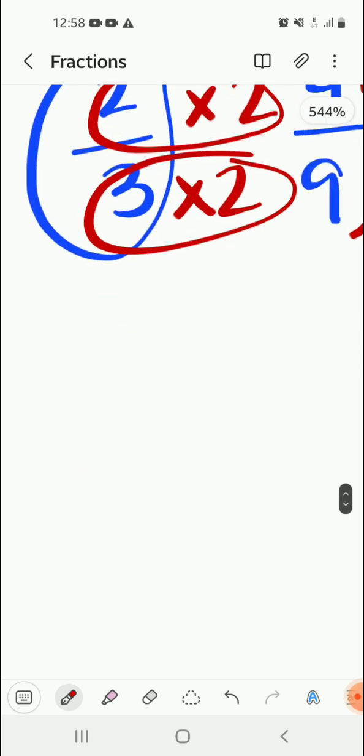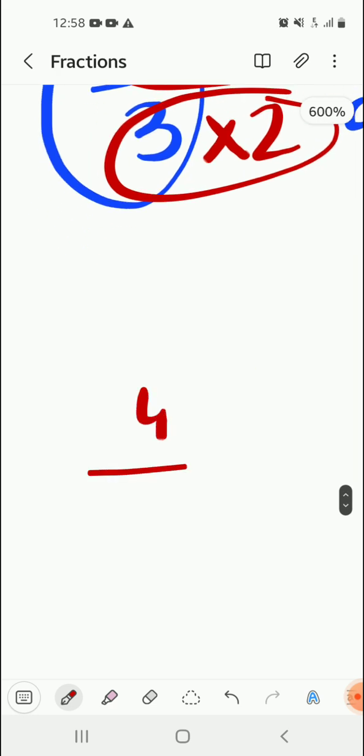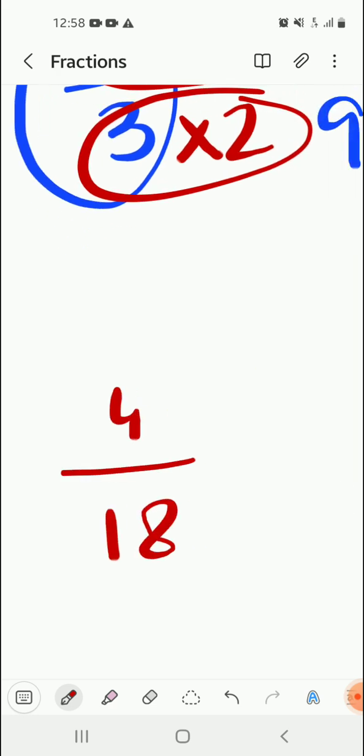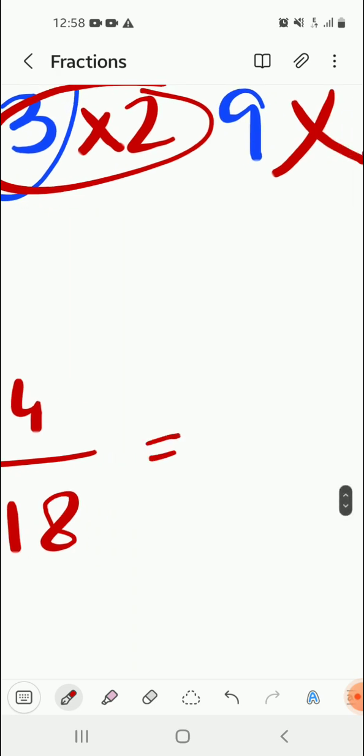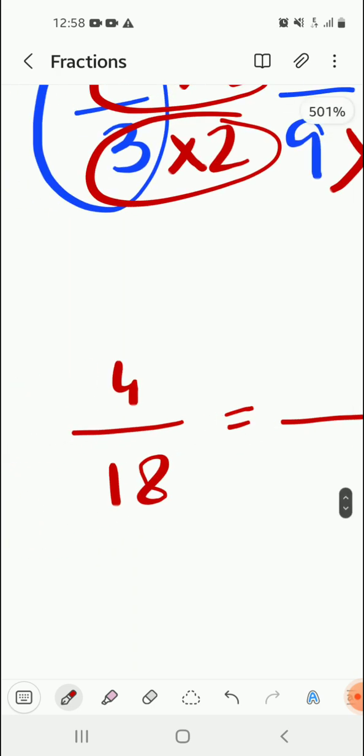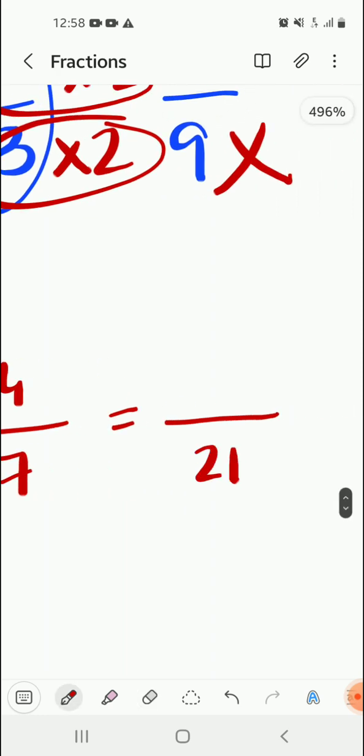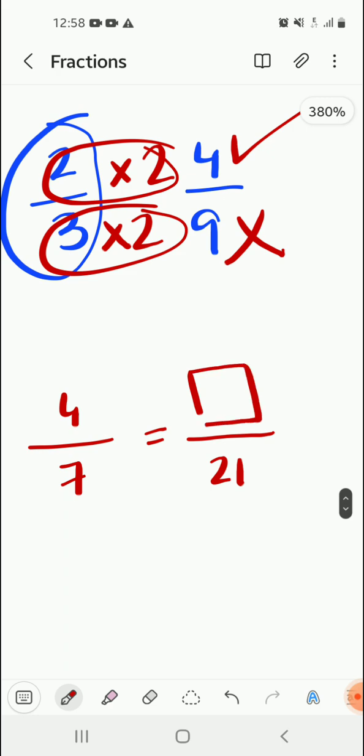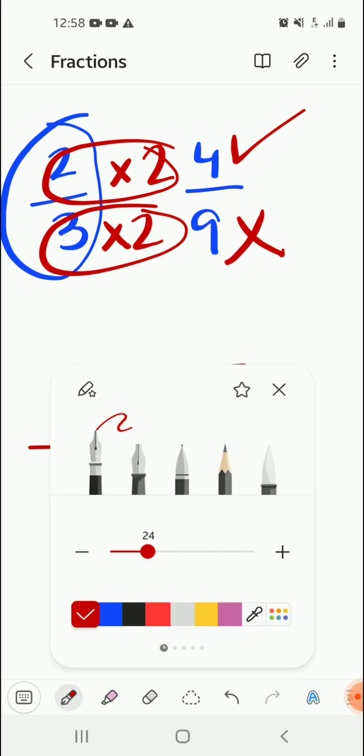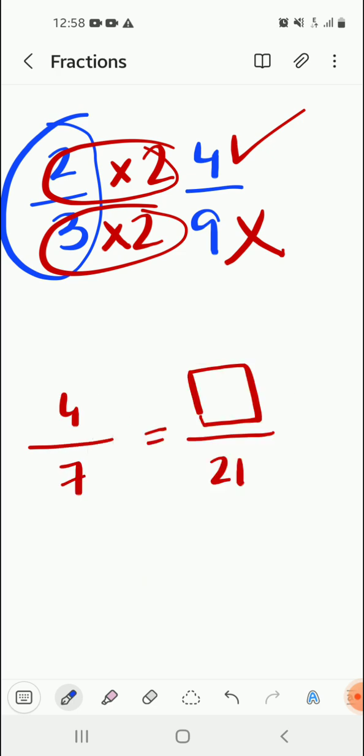We are also given questions as in 4 by 18 is equal to, for an example, let's make it 7 by 21. So what will be here in this box? This is actually using the equivalent fraction method. You have to find an equivalent fraction. The step is, whatever is given to us in the numerator and denominator is this fraction.